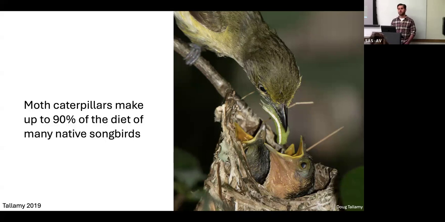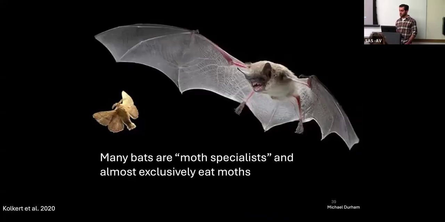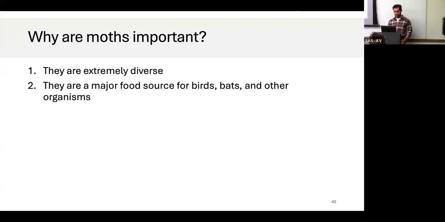They're soft and squishy, and they also have much more of the nutrients that birds need to develop. So they're super critical for birds. And also, many bats are moth specialists and almost exclusively eat moths. All right, so they're extremely diverse and they're a major food source for birds, bats, and other organisms.